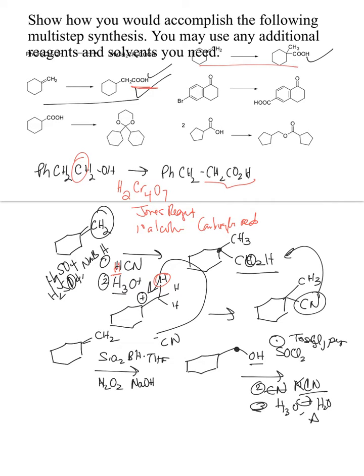Okay, our next one here, we're exchanging the bromide for a carboxylic acid. This would probably be a nucleophilic aromatic substitution because you're exchanging a bromine for a carboxylic acid. And so we'll skip this one.